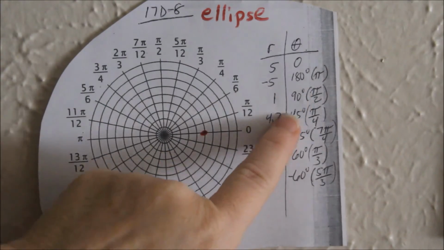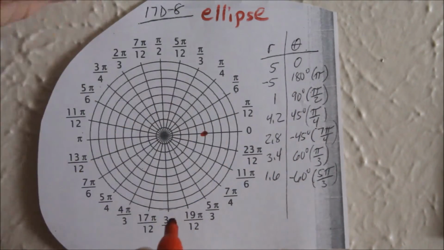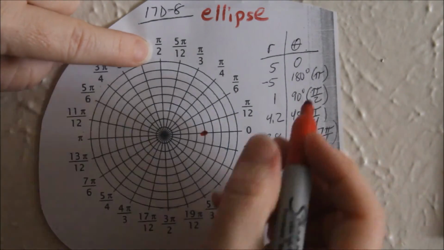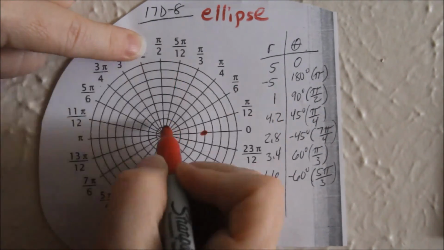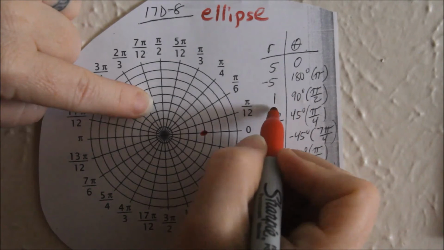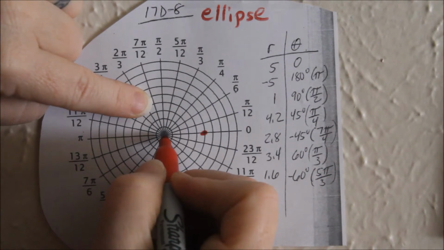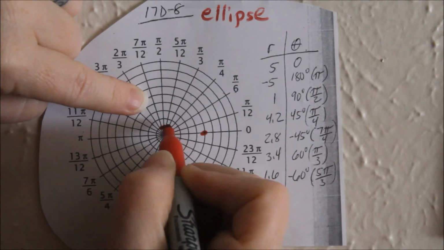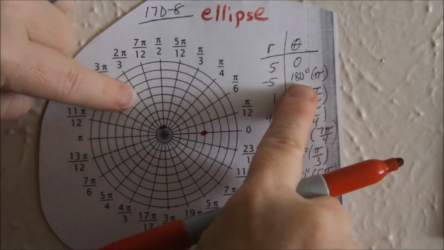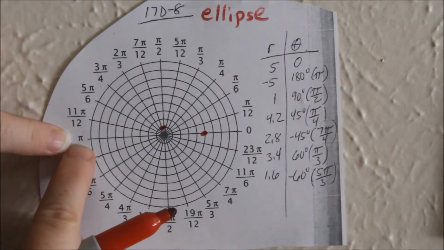Then let me do 90. At 90 degrees, pi over 2, I have it in radians, I am going for this vertical right here, I need to go up 1 ring. So at 90 degrees, I'm going to be right here at 1.